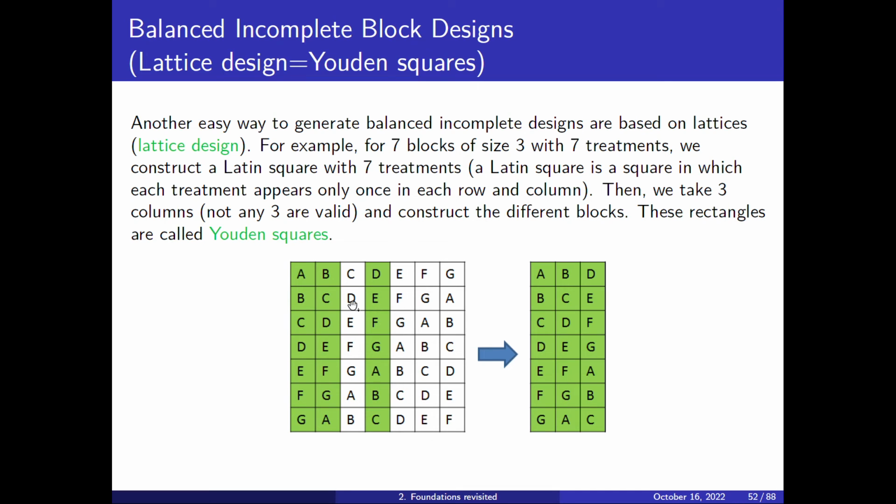And now once you have the Latin square, you take 3 columns, these A, B, you take the ones in green. So now you have a design that is balanced and it has 3 treatments per block. So you can use these Latin squares to construct your balanced design.